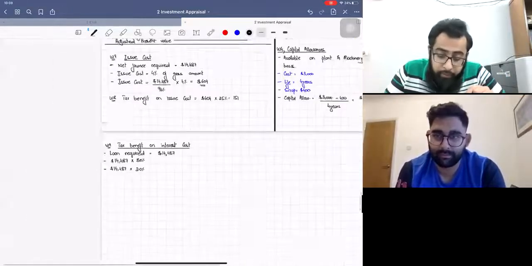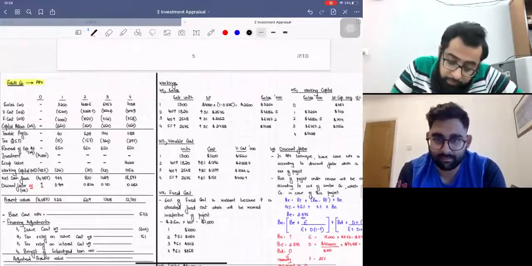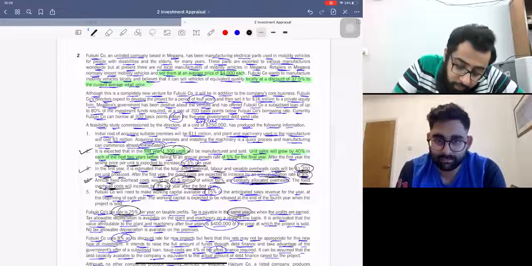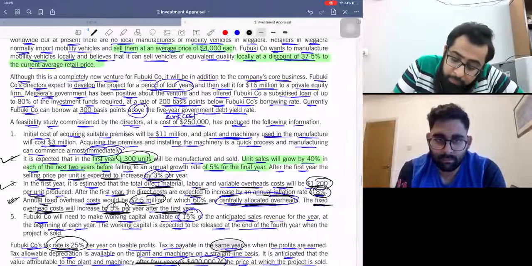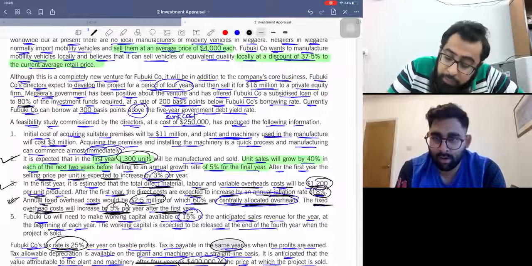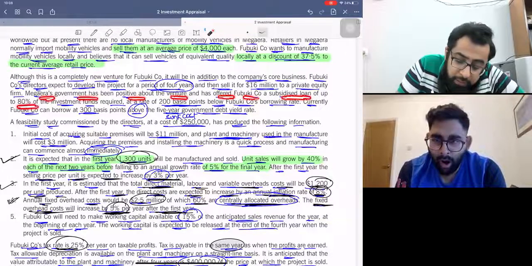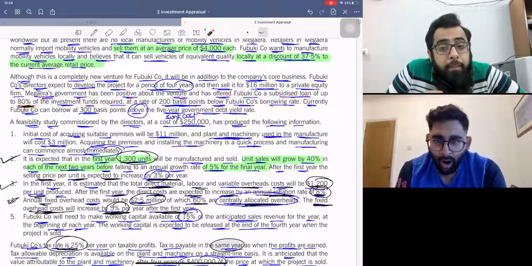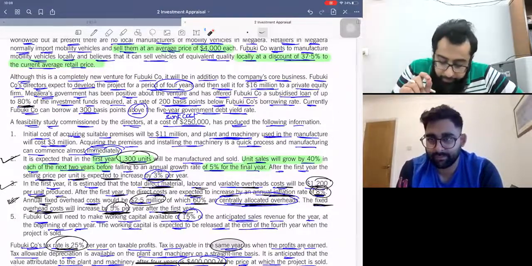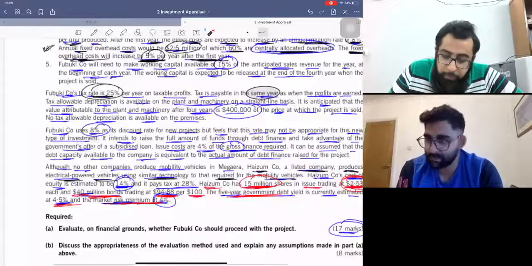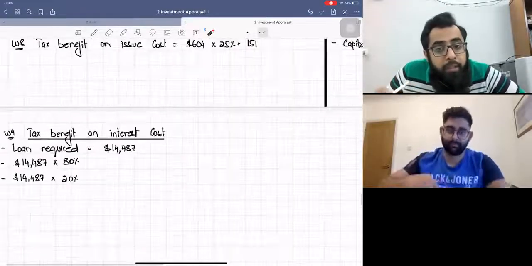It was written here: the Migira government has been positive about the venture and has offered Puviki a subsidized loan of 80% of the investment funds. So 14487 into 80% from the government and 20% is from the market.